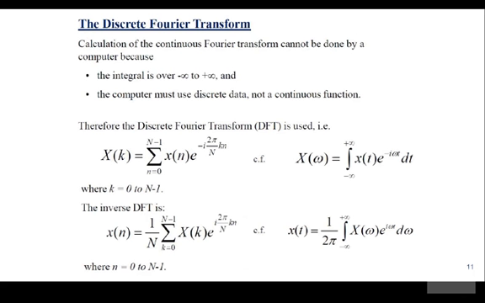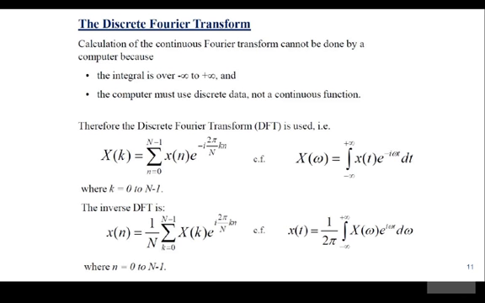So for this reason, when we're implementing Fourier analysis computationally, we use discrete Fourier transforms, where the integral is replaced by a summation, and so our expressions look something like this. It's the sum of the sampled signal with n data points multiplied by the different frequencies expressed in this exponential.